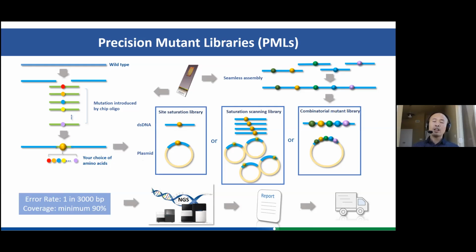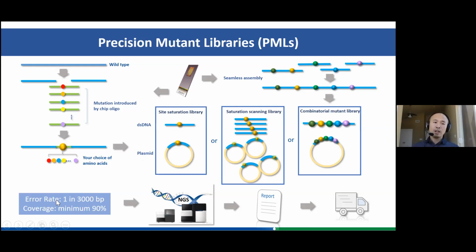So we can deliver two different formats, either double-stranded DNA or plasmid format. And I would like to stress that, unlike our competitors, the diversity of the library is not going to be compromised due to cloning, for our capabilities lie not only in DNA synthesis, but also in assembly and cloning.